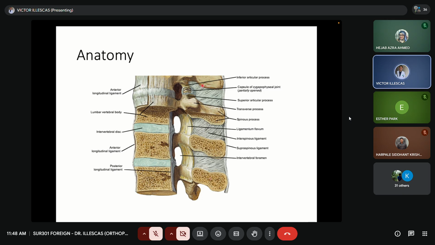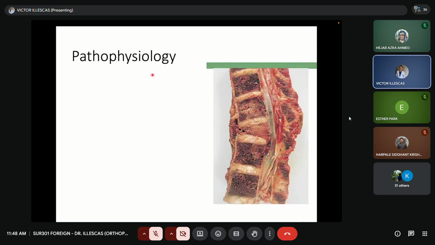Okay? So which column is affected by TB of the spine or the Pott's disease? It's only the anterior column that's affected. So you see here, it's only the anterior column that is affected. And you see that the TB of the spine spares the disc.